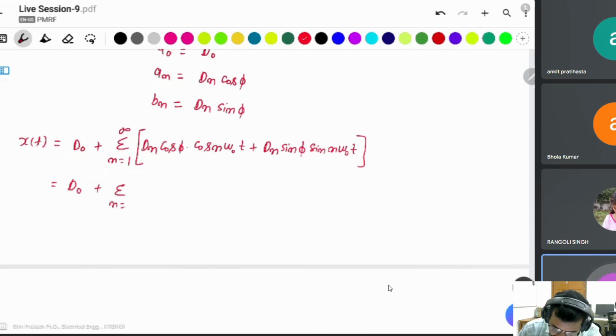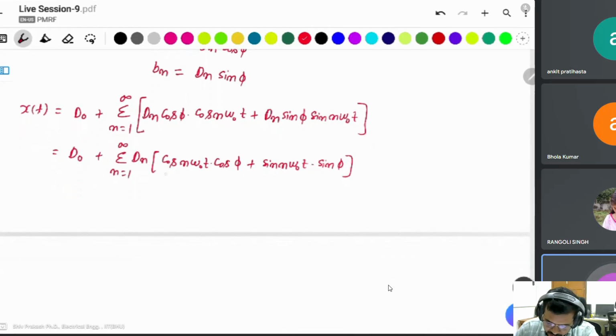You can rearrange this system. Dn will be common here. Then this will be cos n omega naught t into cos phi plus sin n omega naught t into sin phi.